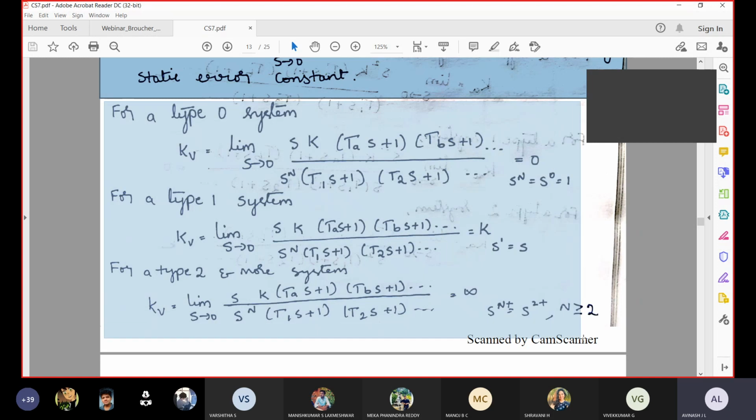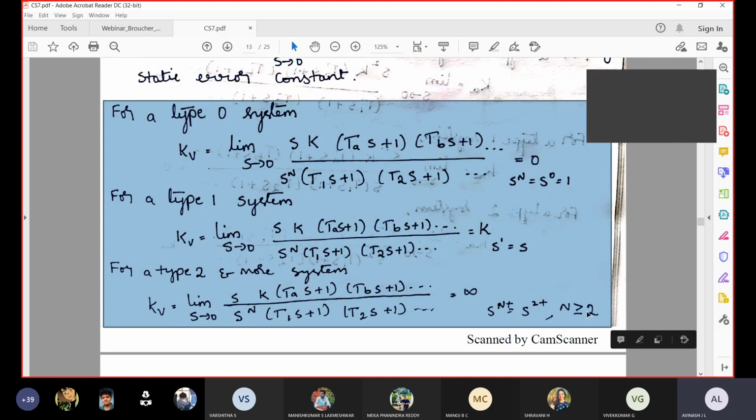Like in the last expression, we can write the system equation, where Kv equals limit s tends to 0, s into K into (TA s plus 1)(TB s plus 1) etc., divided by s to the power of n into (T1 s plus 1)(T2 s plus 1) etc. In the Kp expression, the difference is that s is missing in the numerator.